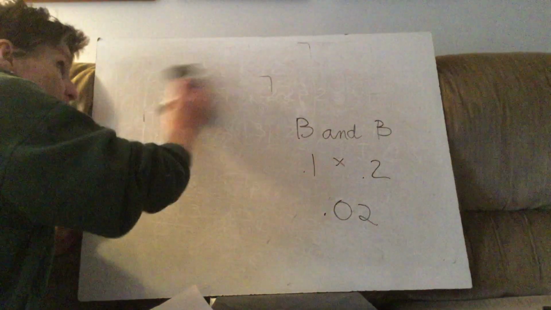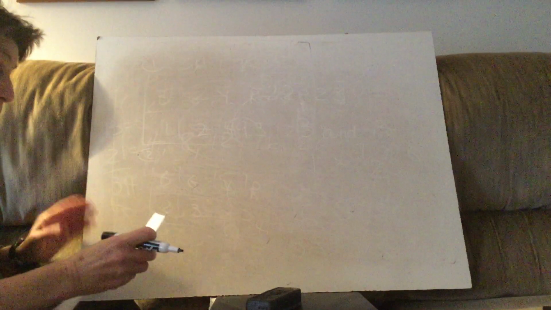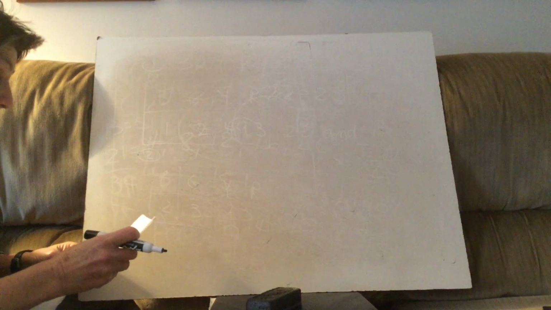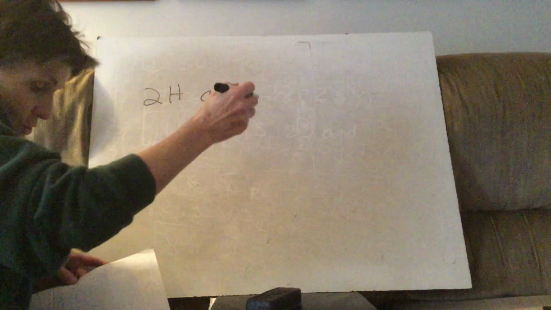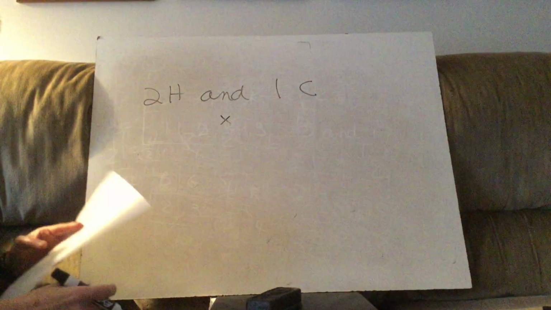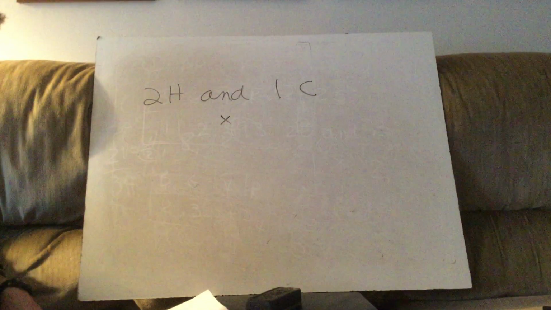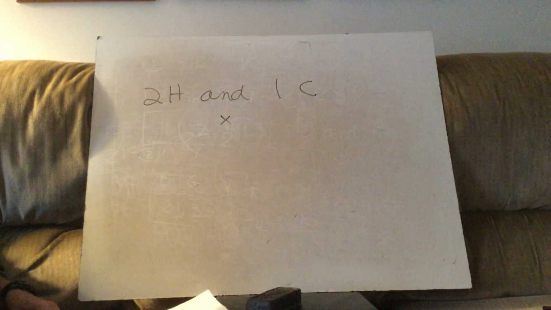Now we got a standard deck of cards. You're going to reach in and grab 3. And we want 2 hearts and 1 club. Now the and means times, so we're going to multiply. Now, we want to know the probability of getting 2 hearts and 1 club.